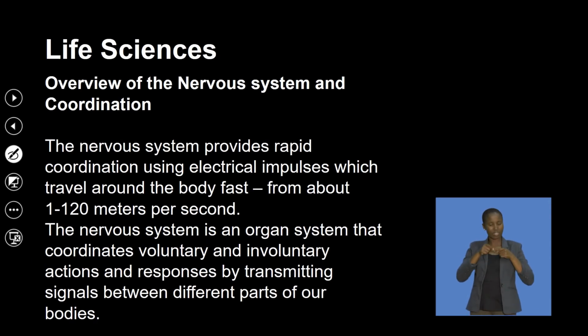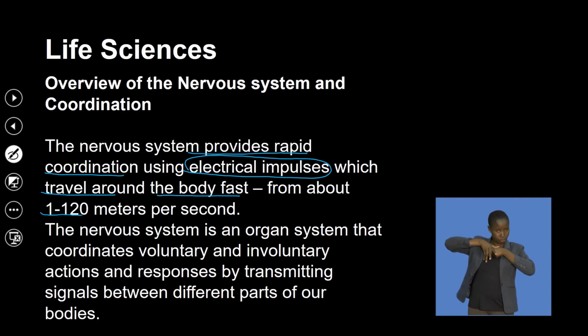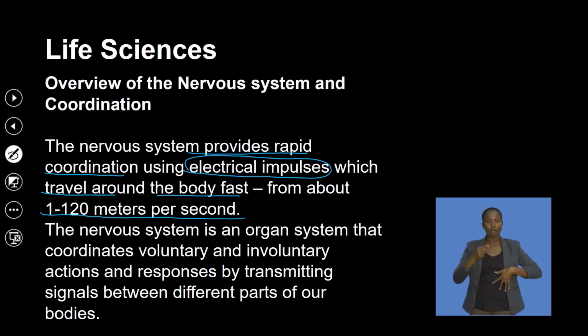Cool. So the nervous system provides rapid coordination using electrical impulses, which travel around the body extremely fast, from about 1 to 120 meters per second. So that's extremely fast.